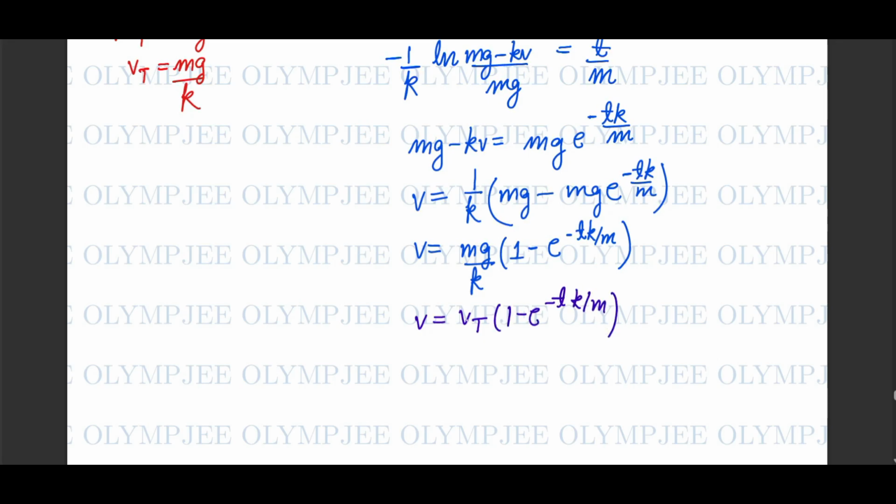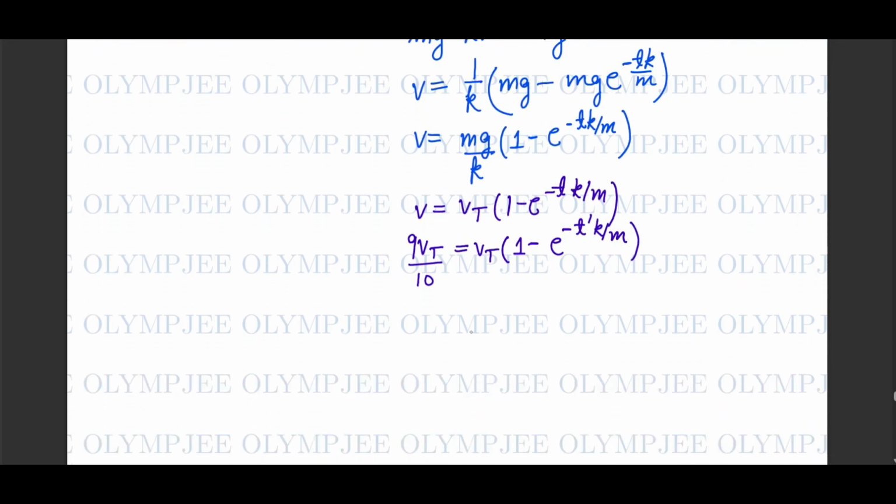And we need to find the time when the velocity will become 90% of terminal velocity. I'll write this as 9 vt by 10 equal to vt times 1 minus e raised to power minus t dash k by m. t dash is the time that we have to find.